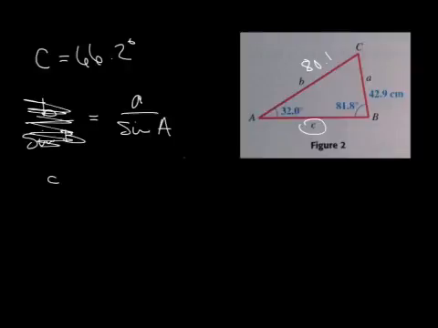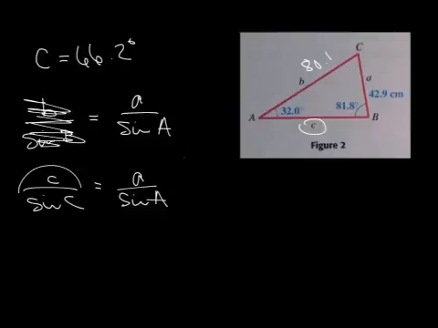I'm just going to use c over sine of C equals a over sine of A. Or I could have used b over sine of B. Doesn't really matter as long as the one I'm looking for is part of the equation. And I do the same thing: cross multiply and then solve for c. Okay, so that takes us to the next example that we'll put on the second video here.